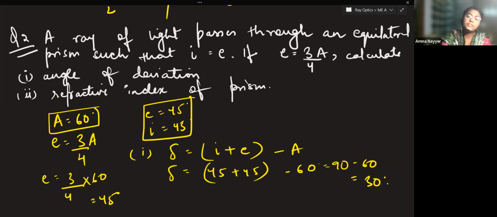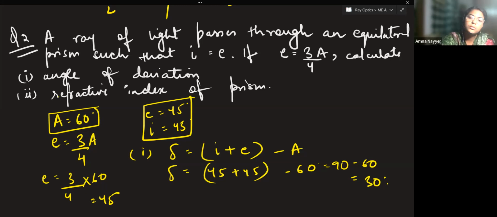Now for the refractive index, we'll use the minimum deviation formula. Because this is what we have got now, the angle of deviation. Now using this, we can directly calculate the refractive index of the material. So for the first part, we have calculated the angle of deviation.